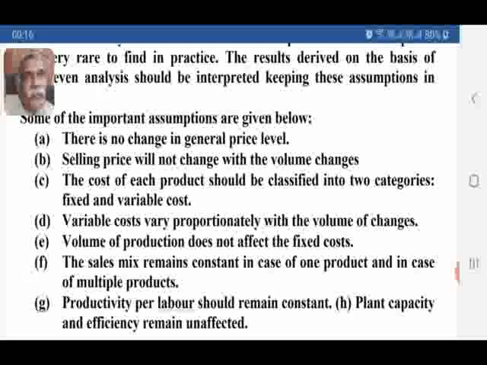Now, cost of each product should be classified into two categories, fixed and variable cost. Variable cost varies proportionately with the volume of output changes. Volume of production does not affect the fixed cost.